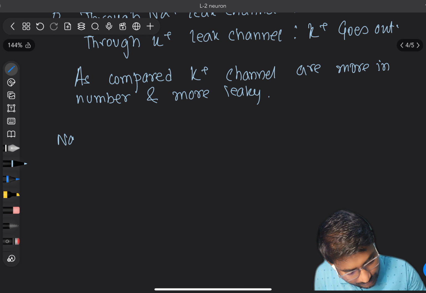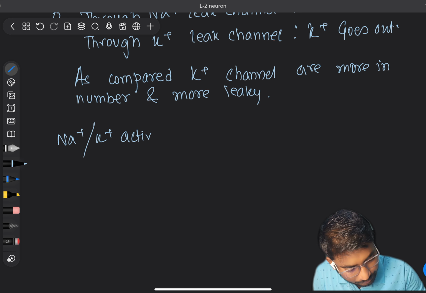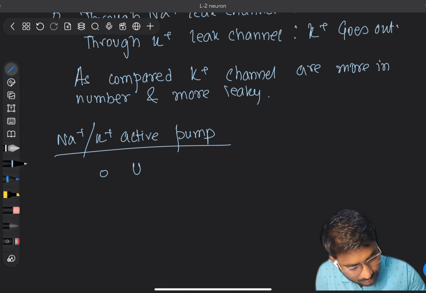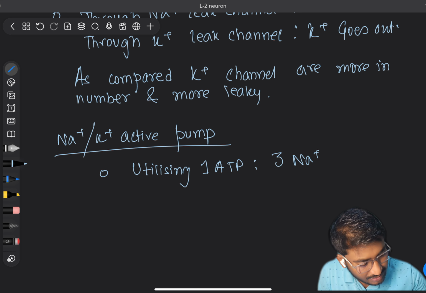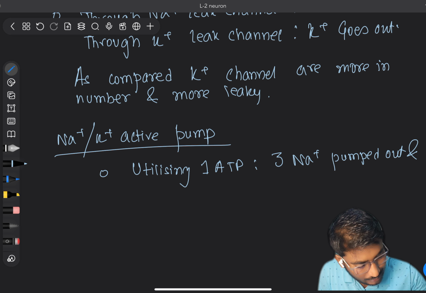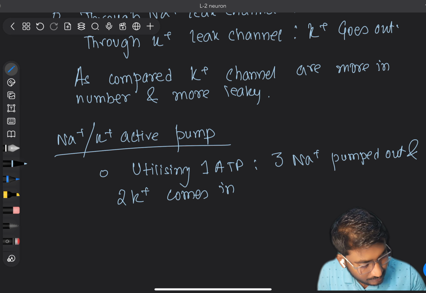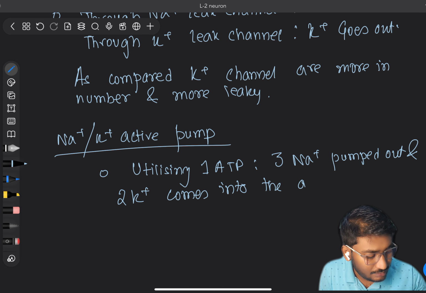Now in between, the sodium potassium active pump, utilizing, this question comes in NEET, utilizing 1 ATP, 3 sodium are pumped out and 2 potassium come into the axoplasm.